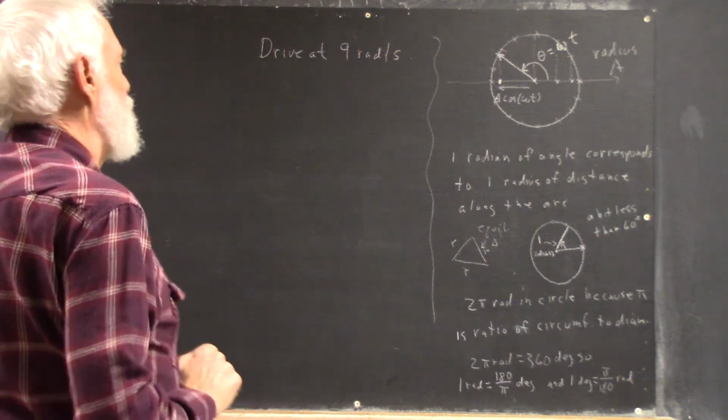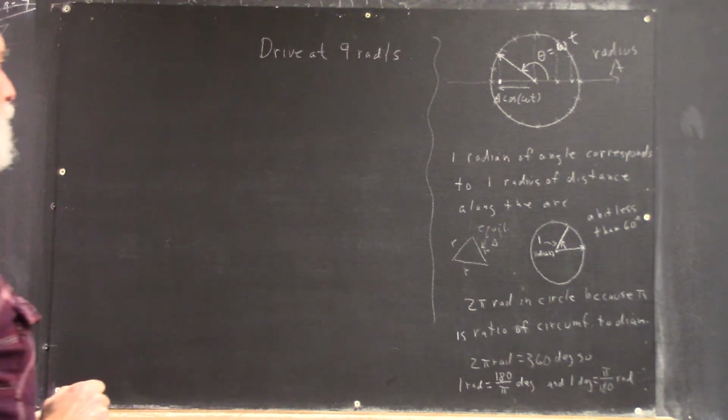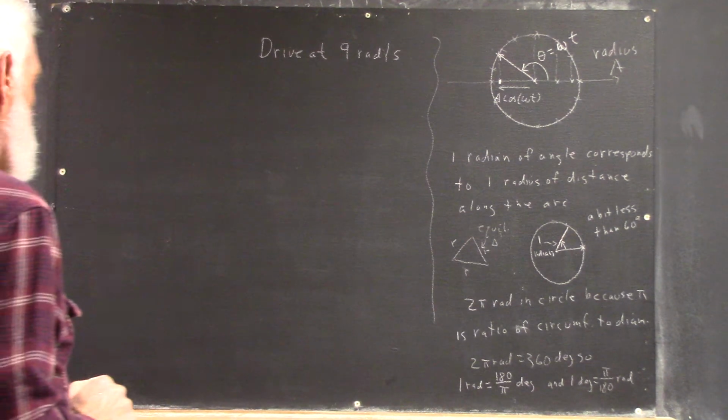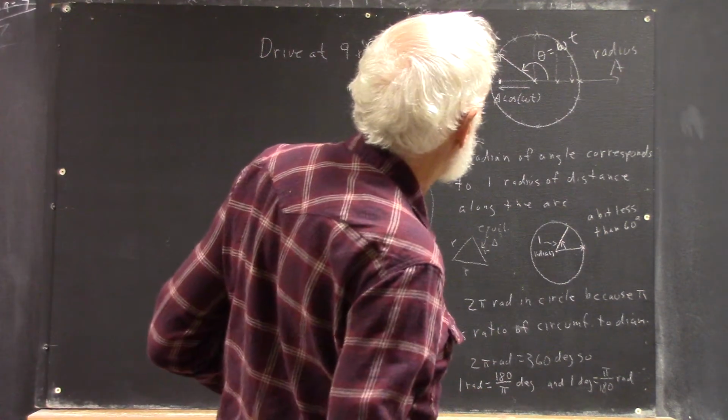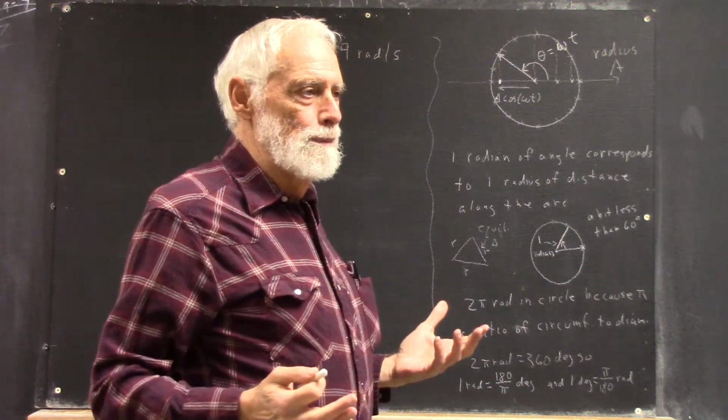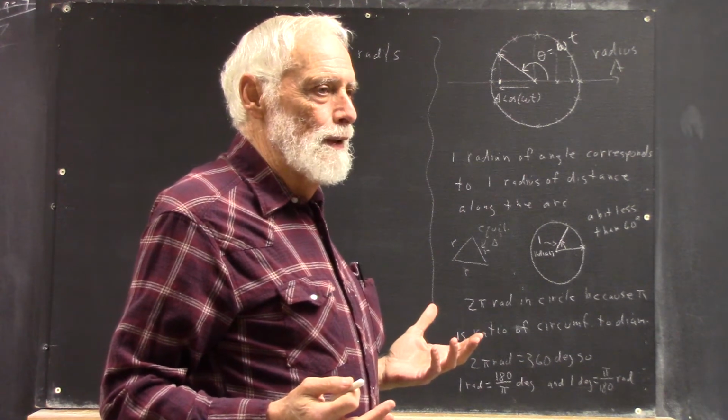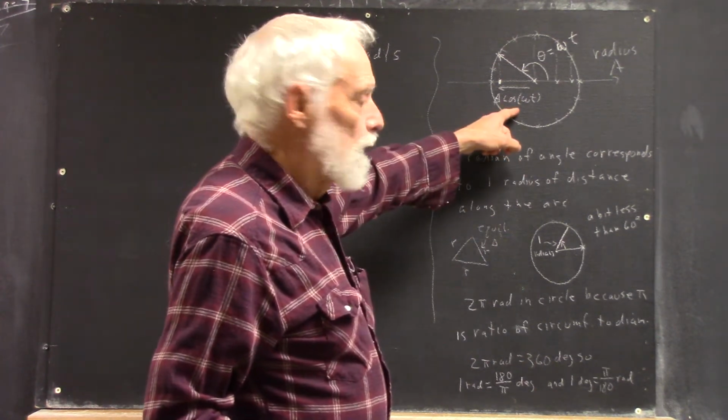Now, I don't know how much force I really want to put on this thing. So really, I want to figure out what would be a reasonable force, which means I'd want to calculate the acceleration of this thing.